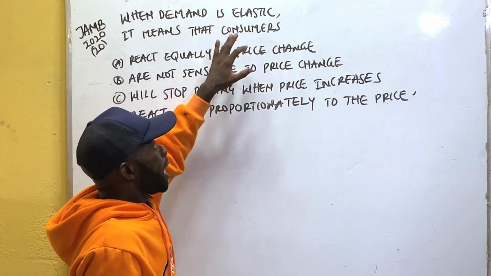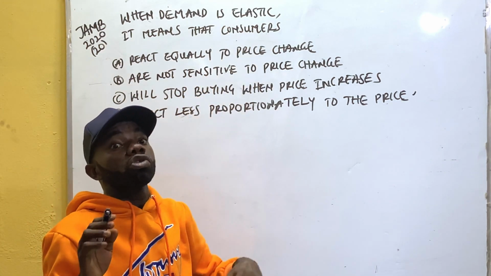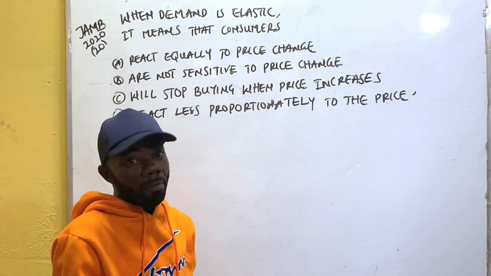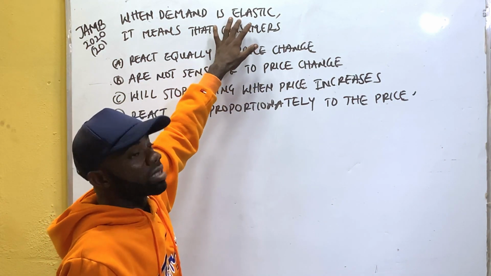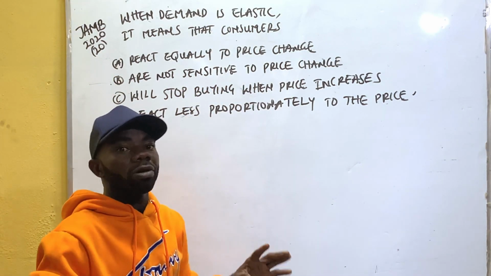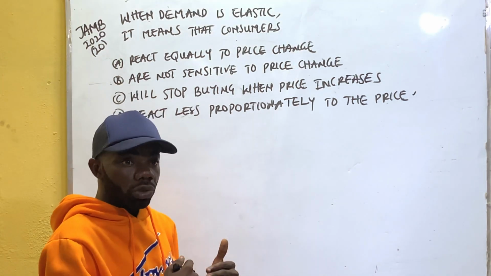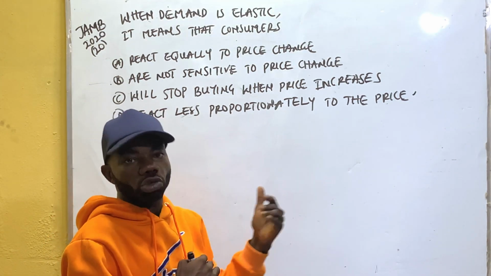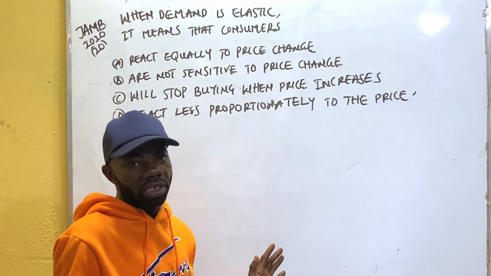Now, anything that has to do with elastic means that consumers will react more. When the price is increased, there will be a negative reaction from the consumer because they don't like buying at high prices, so they will run. When the price is reduced, you have more consumers running to buy that product. It's just the law of demand working in this case.